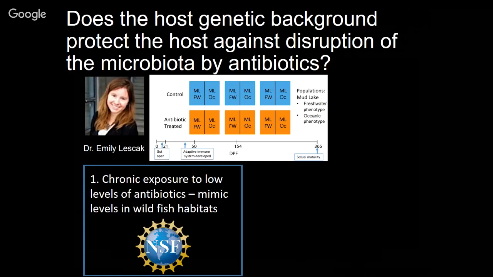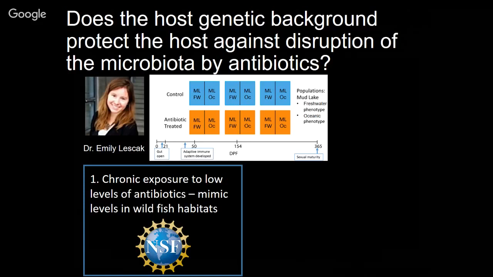When we take antibiotics as humans, we don't metabolize all of them, and at the end, some of those antibiotics end up in our wastewater. The wastewater treatment right now does not get rid of all those antibiotics, and so now we have low levels of antibiotics that are constantly present in the environment, and we have fish that are evolving and developing in the presence of these low levels of antibiotics.